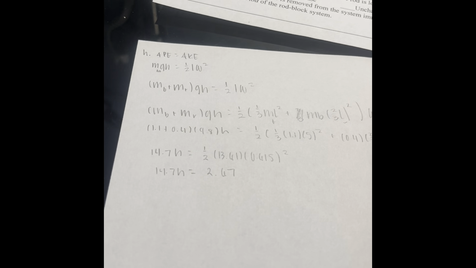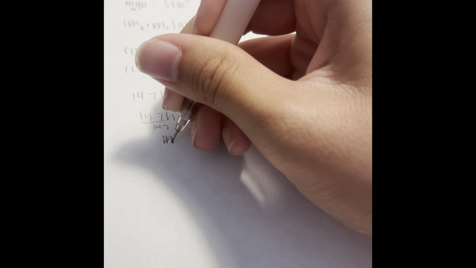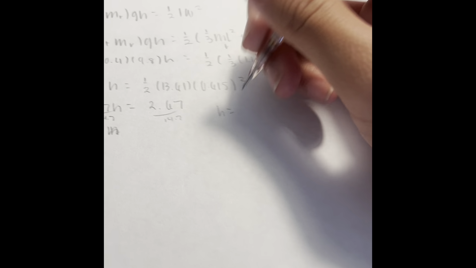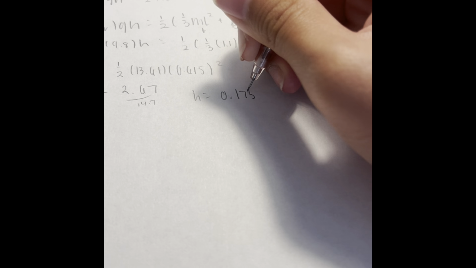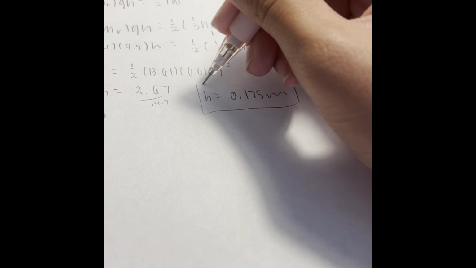And then divide both sides by 14.7 to find h. So h is equal to 0.175 meters. So this is the height the rod block system will rise after the collision.